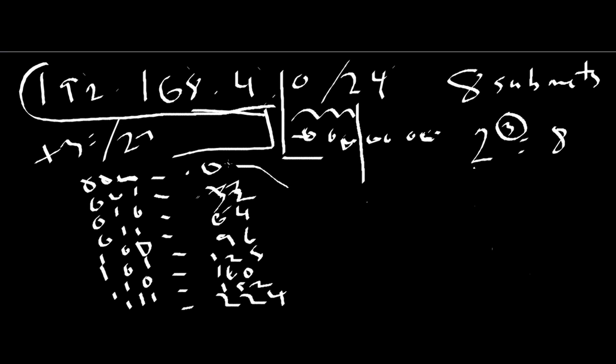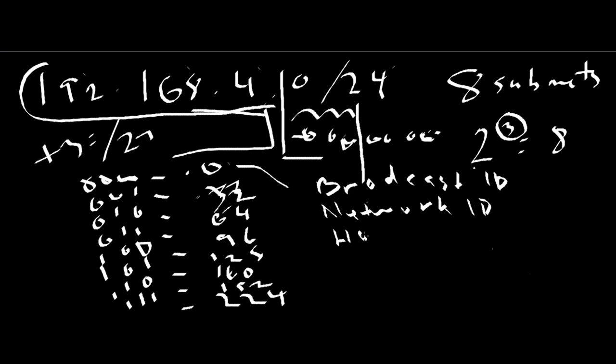So you now know how to find the broadcast ID. You now know how to find the network ID. You now know how to find the host range, and by extension, the number of hosts in every subnet, right? Every subnet will have the same number of hosts. And how many hosts would that be?